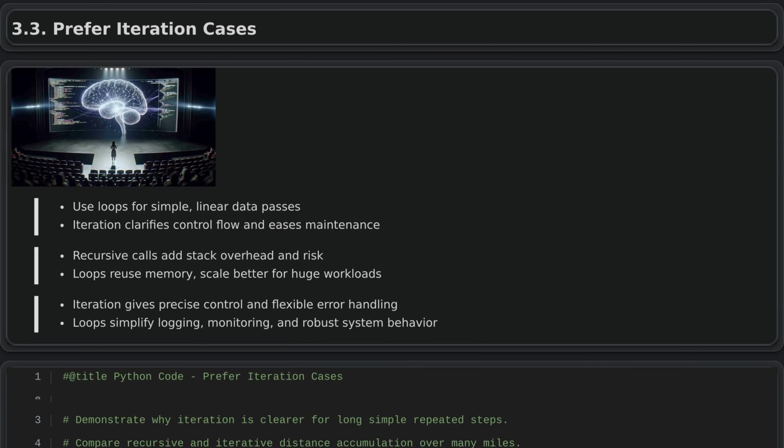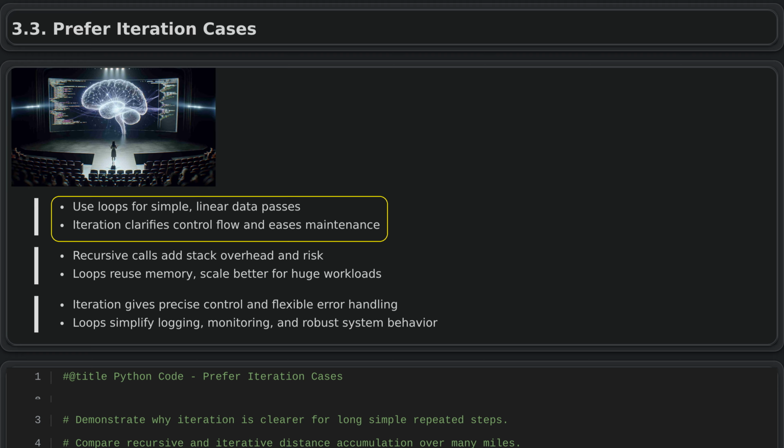Prefer iteration cases. In many situations, an iterative approach is not just an alternative to recursion, but the better option, especially for simple, linear passes over data. When you scan a file, process sensor readings, or update database records, a straightforward loop is usually clearer and more efficient because these tasks do not break into smaller subproblems.